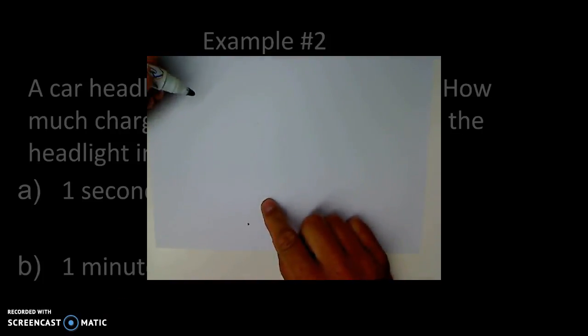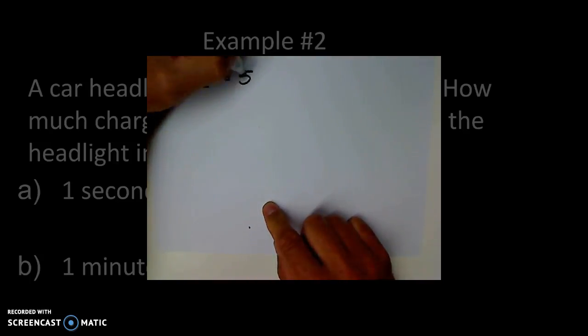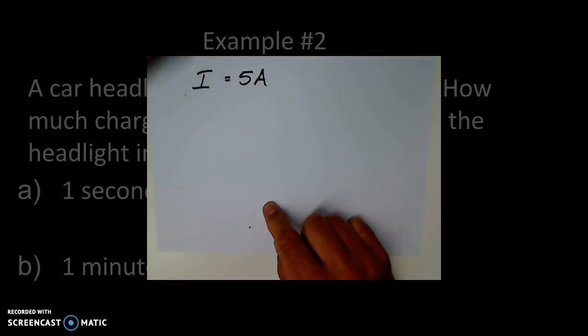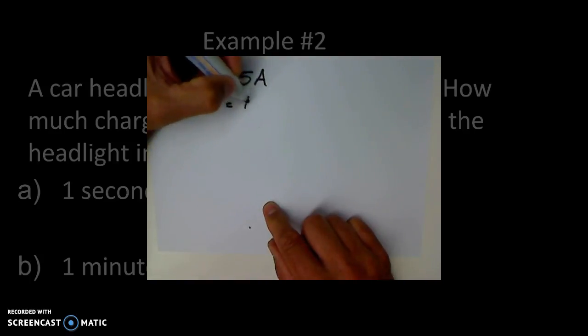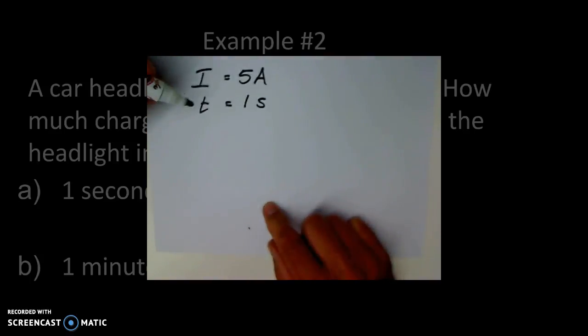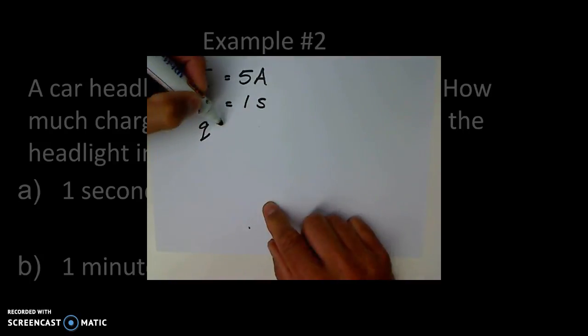So we have a headlight drawing a current of 5 amperes, and we want to know how much charge will flow through the headlight in 1 second. So the time is 1 second, and we want to know how much charge.